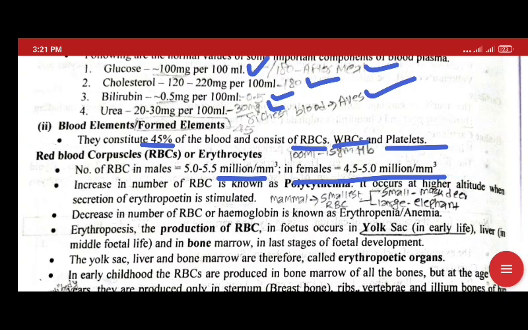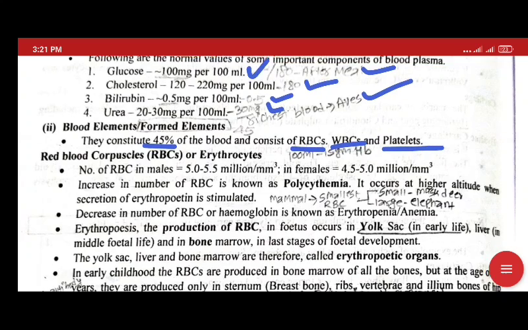If it increases, it is called polycythemia. This increase occurs at high altitude, like the Himalayas or hillside, so that person's skin has a pinkish color.